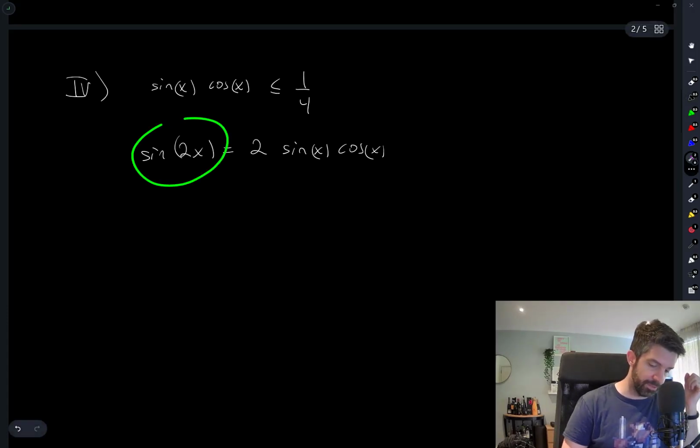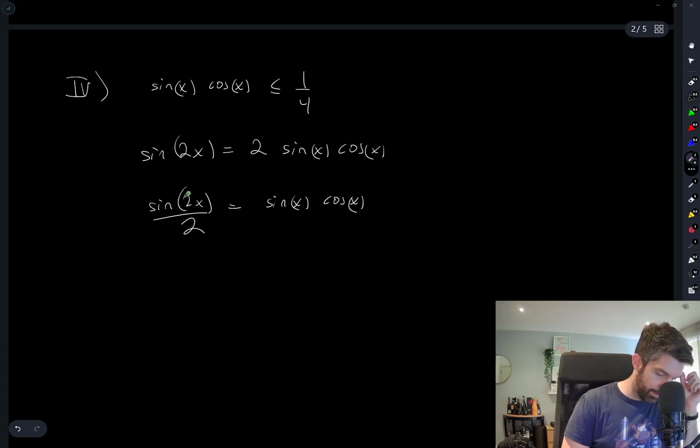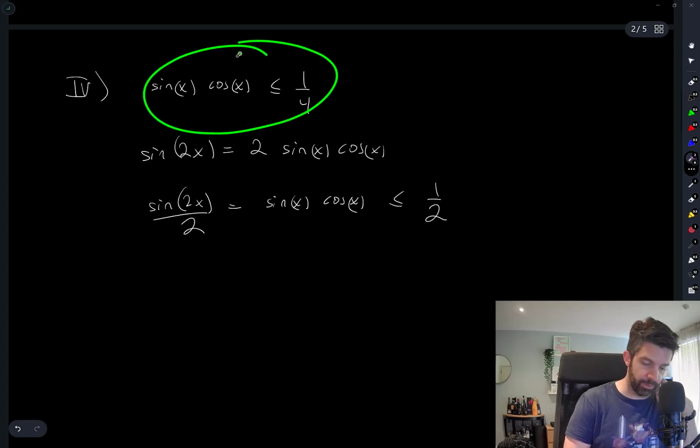This is always between 0 and 1. So if I divide by 2, sine of 2x over 2 is equal to sine x cosine x. This could be equal to 1. So this whole thing is less than or equal to 2. Right? So this is false.